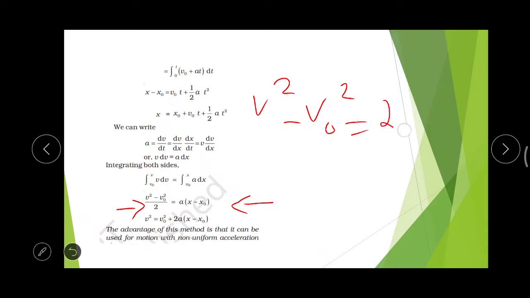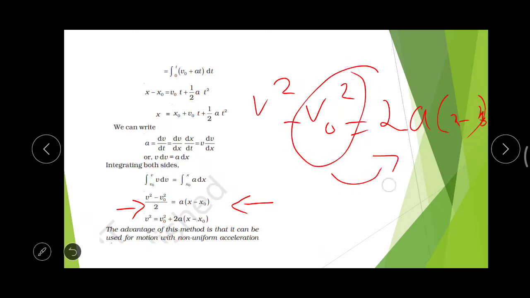Now you have to take this v0 square to the right hand side, then v square will become v0 square plus 2a into x minus x0, where x is the final point and x0 is the initial point. So you can say that one is the displacement.